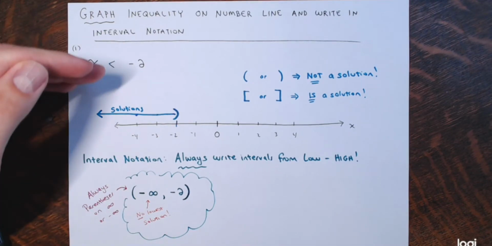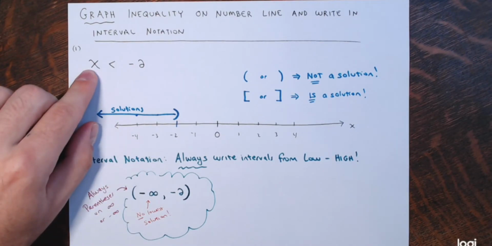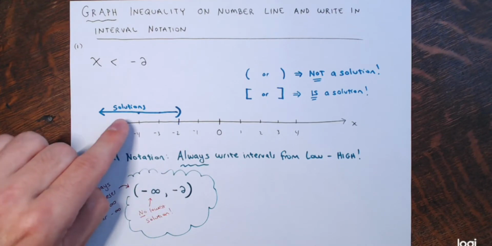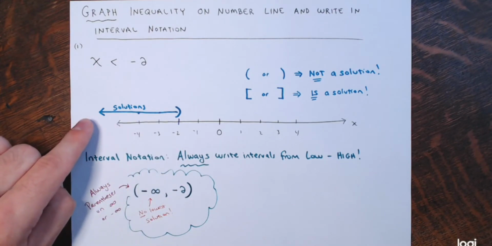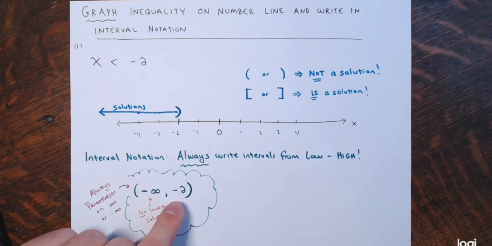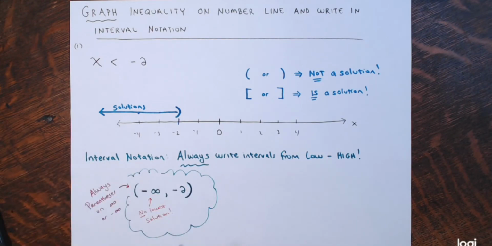And all three of these things mean the same thing. They're describing the same numbers. This is all the numbers less than negative 2. Here's a picture of all the numbers on the number line that are less than negative 2. And here's another description: from negative infinity, to the left forever, up to negative 2, but not including negative 2, thus the parentheses.